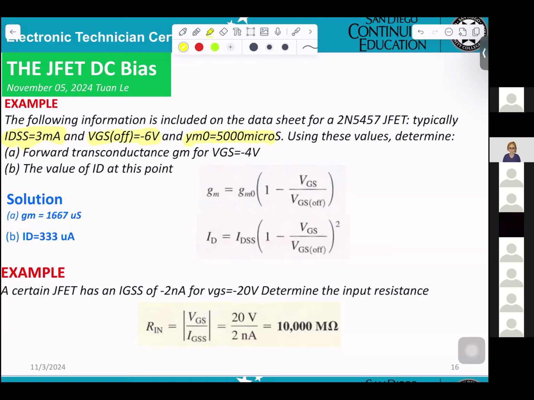Using this value, determine forward transconductance GM for VGS equal minus 4. So you're using the GM equal GM0 times 1 minus VGS over VGS off. And they calculate the given you. GM equal 1667 microsiemens. You can try to see you can get that answer or not.